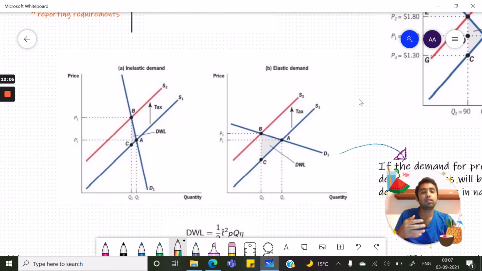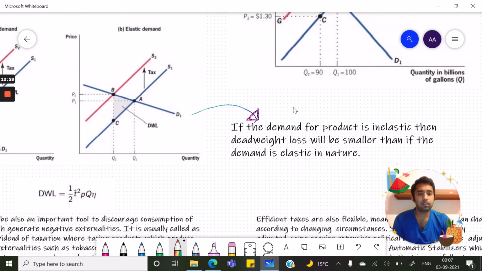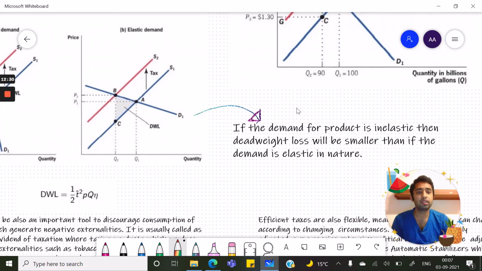This is because the demand for the good is very unstable. It may not be a necessity for any consumer, or there may be a lot of substitutes available in the market. So simply speaking, if the demand for a product is inelastic, the deadweight loss will be smaller than if the demand for the good is elastic.